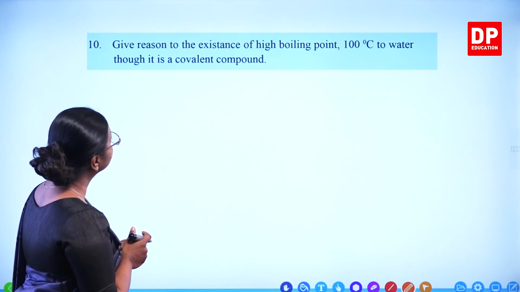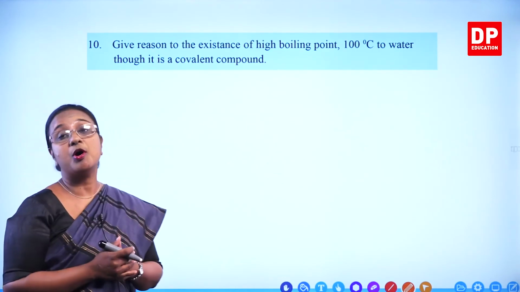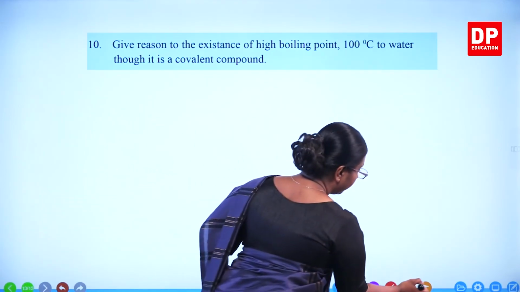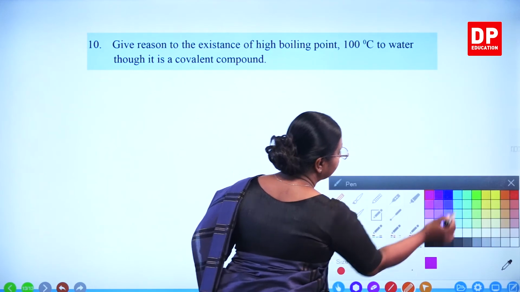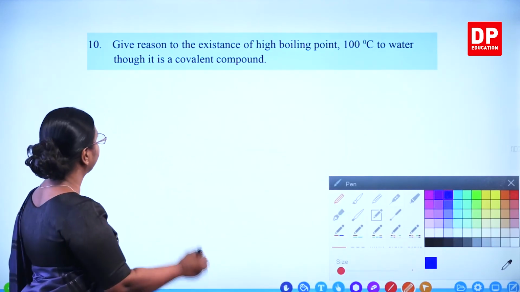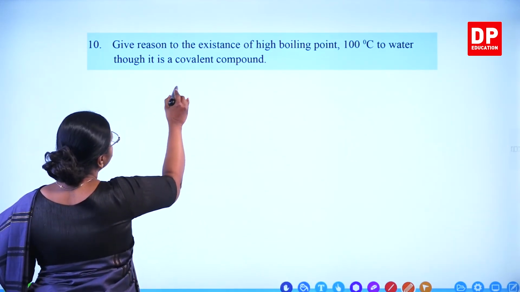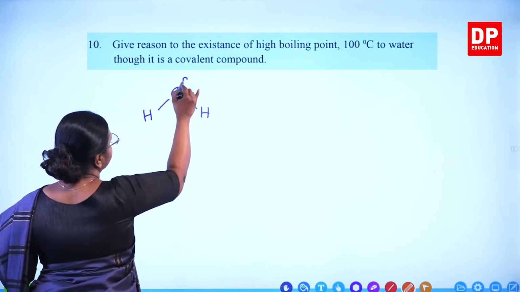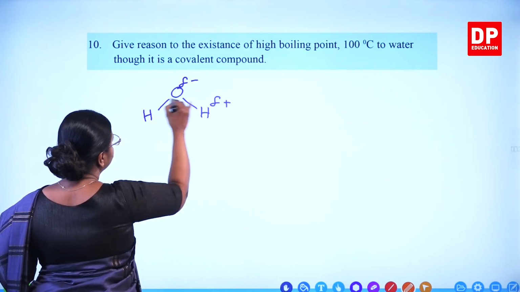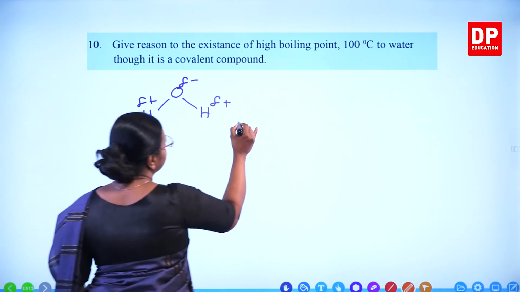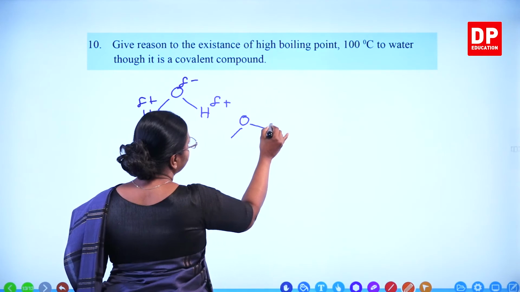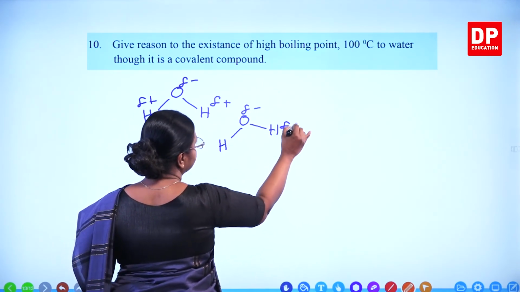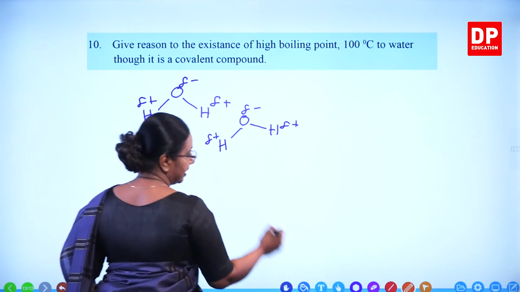Give reason to the existence of high boiling point. So, if we do that, you can even show the intermolecular interaction there. There is delta minus, delta plus, delta plus. Then there is another water molecule, delta minus, delta plus, delta plus.